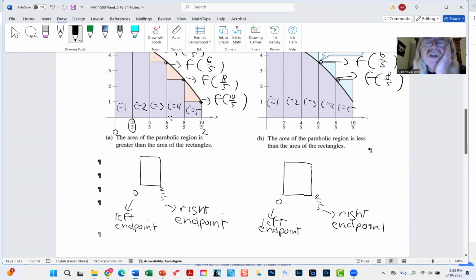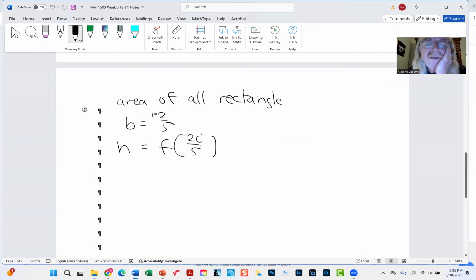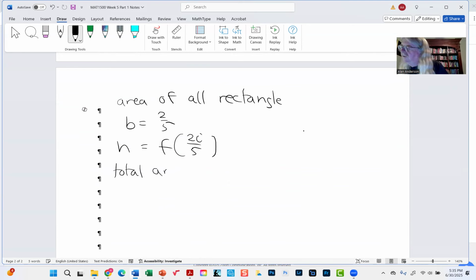So the general formula for the right endpoints is 2i over 5. So what they're going to tell us is that the total area is the sum of f of 2i over 5 times 2/5.